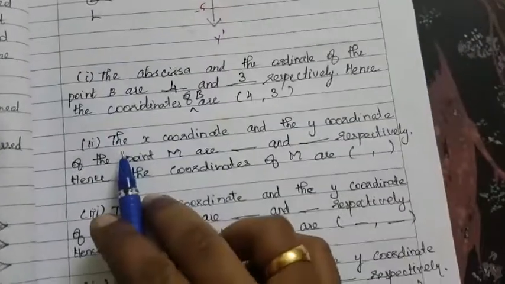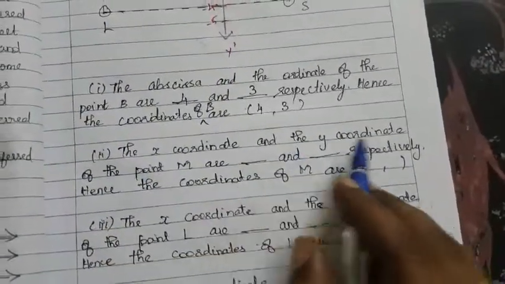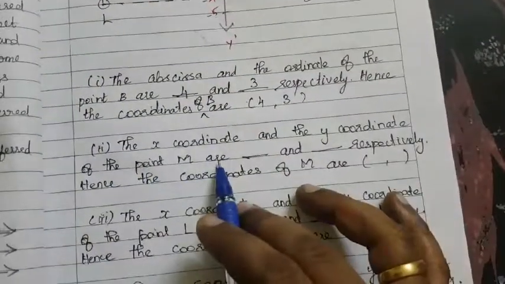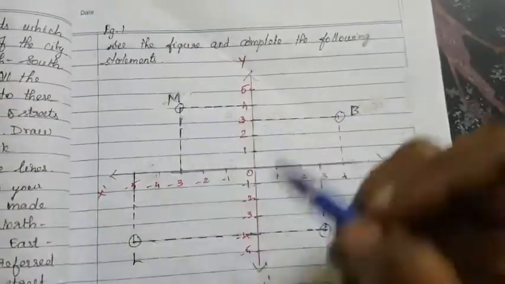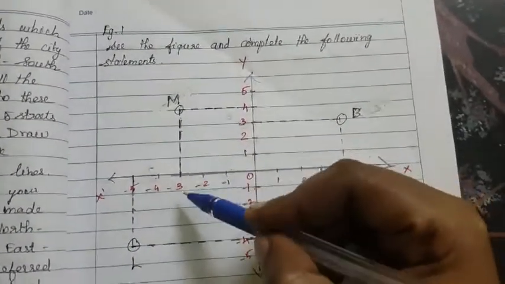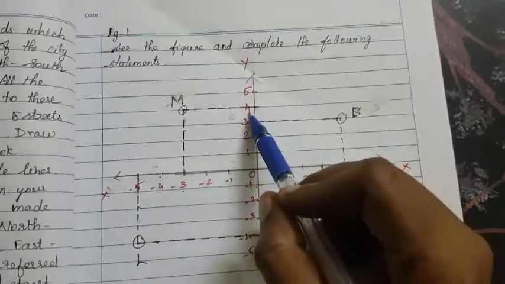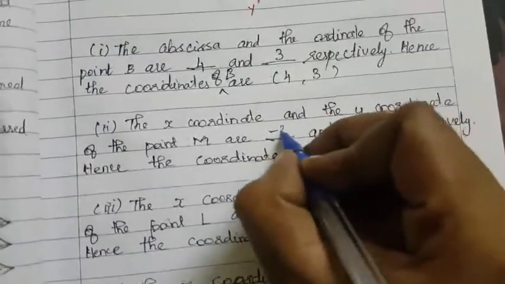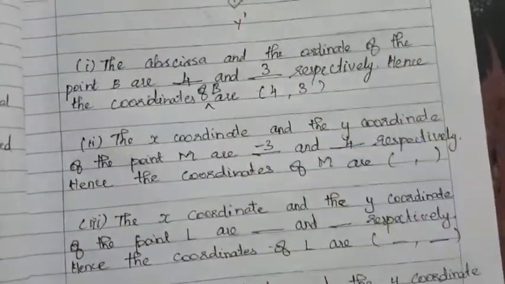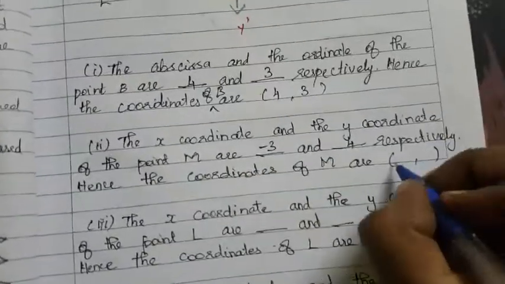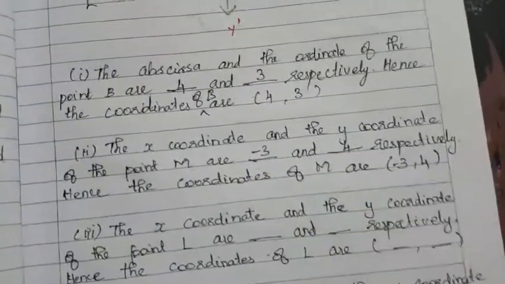Now the next question is the x coordinate and the y coordinate of the point M. Where is the point M? Here. So what are the abscissa and ordinate? The abscissa will be -3 and the ordinate will be 4. So this can be written as -3 and 4. How will you write the coordinates? -3, 4.